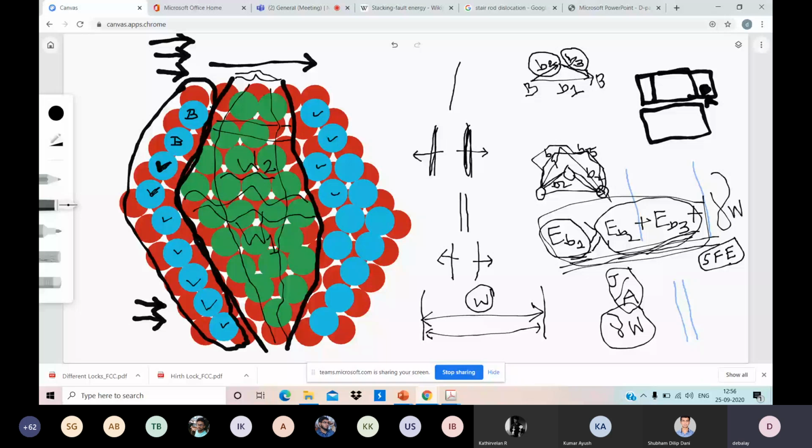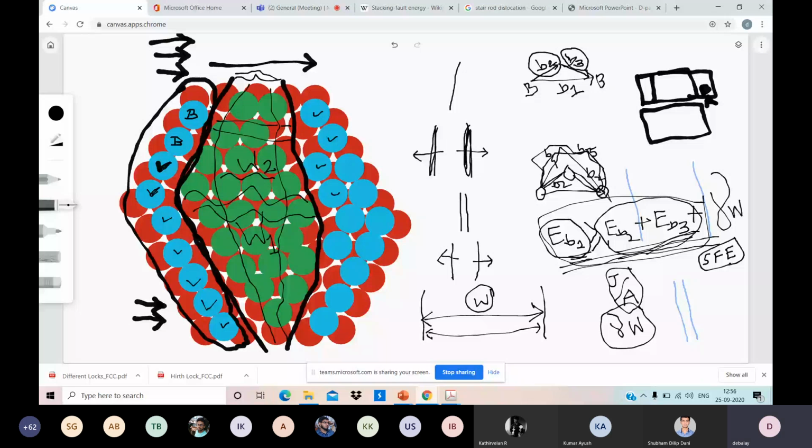Do you understand? So stacking fault energy is like a parent who is trying to bring the two partials together, who are repelling each other.